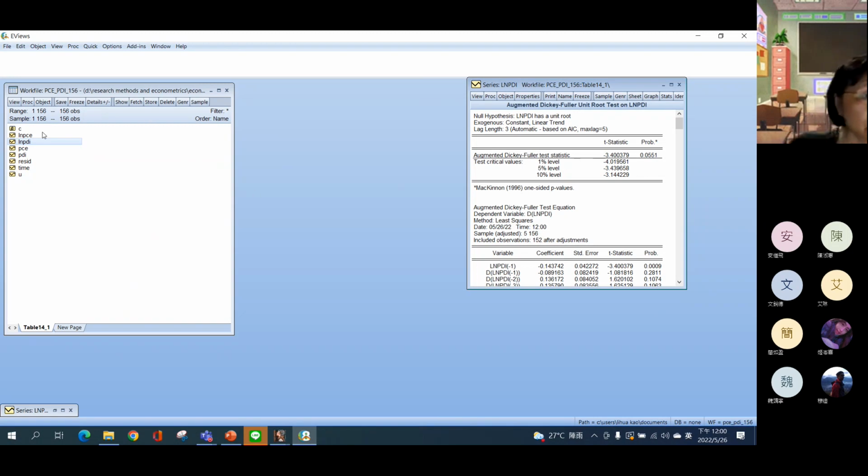So these two variables, LNPCE and LNPDI, are stationary when the lag starts from 3. Okay? All right. I think we've run out of time today, and I'm going to start with this example of LNPDI and PDE next week.